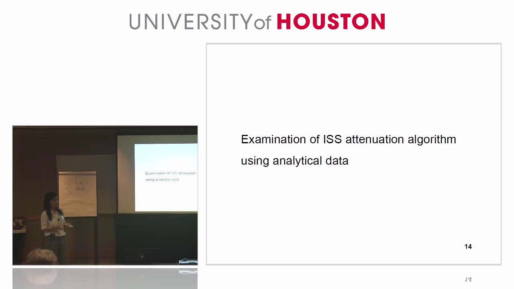And after that, we can analytically compare the prediction result and the actual internal multiple of your data to see what happens. And here I'd like to remind you, here we gave the model because we need to use this model to generate the data. But in a minute, you will see that our ISS attenuation algorithm doesn't take this information.